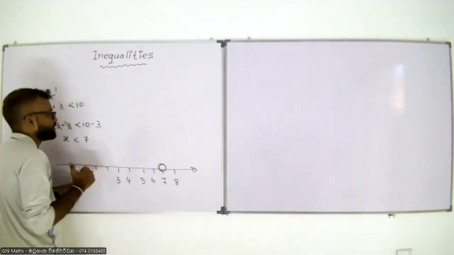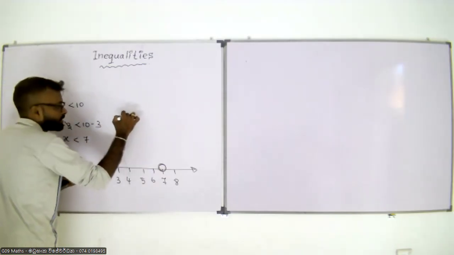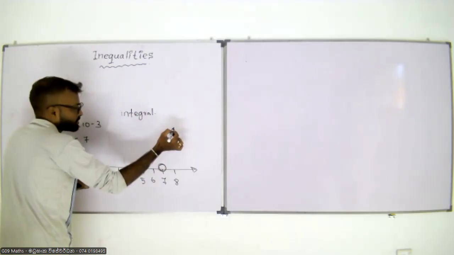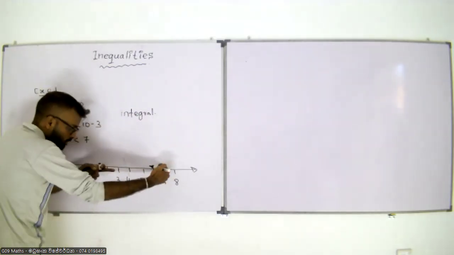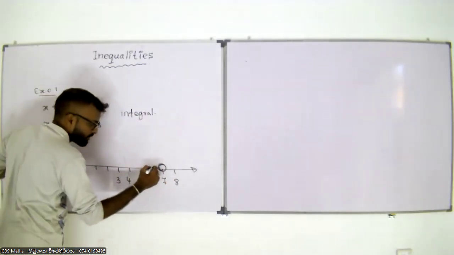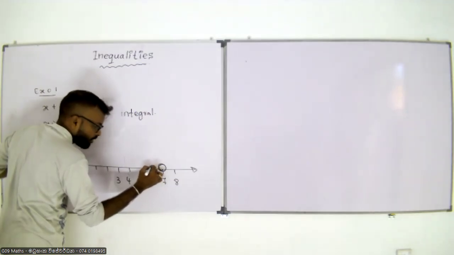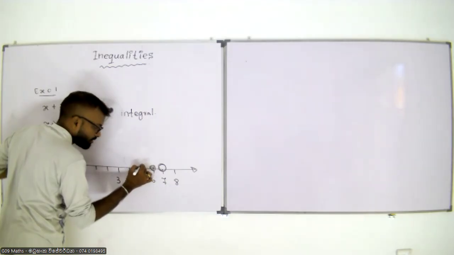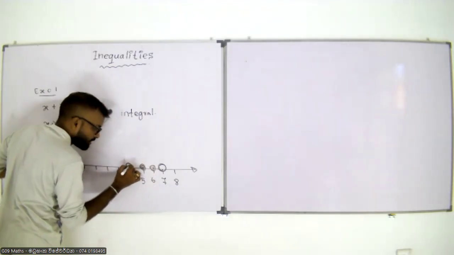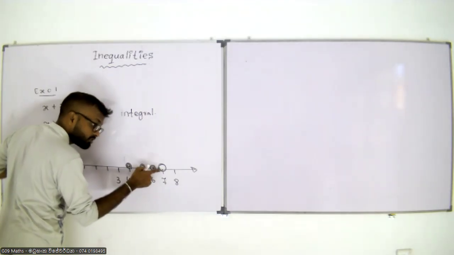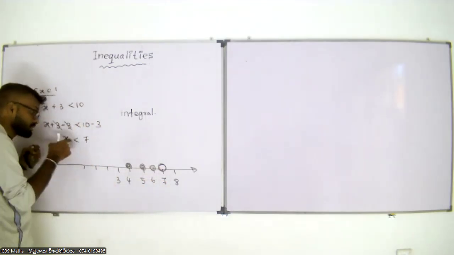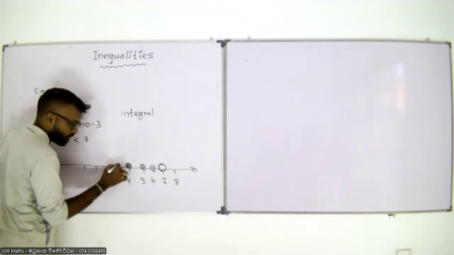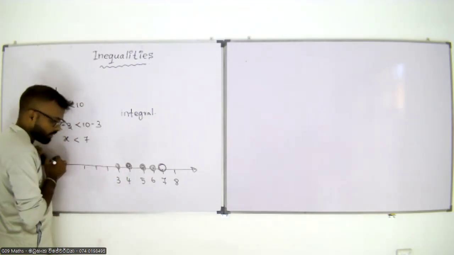And they are asking for the integral solutions. So all values less than this we have to highlight, because 6 is an answer for x, 5 is an answer for x, 4 is an answer for x, but 7 is not an answer for x because it is just less than 7. 3 is an answer for x, and so on.